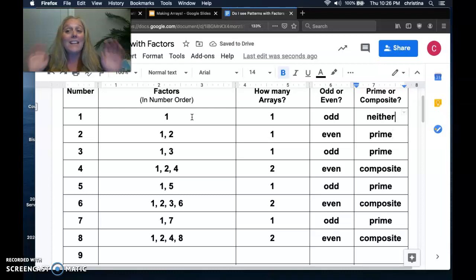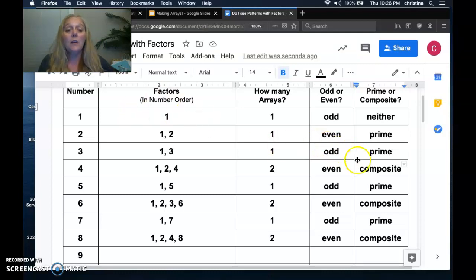So the number 1 is neither prime nor composite. It doesn't have exactly 2 factors, 1 and itself. It also doesn't meet the criteria for composite because it has only 1 factor, and composite numbers need to have more than 2 factors. So that's why 1 is neither.